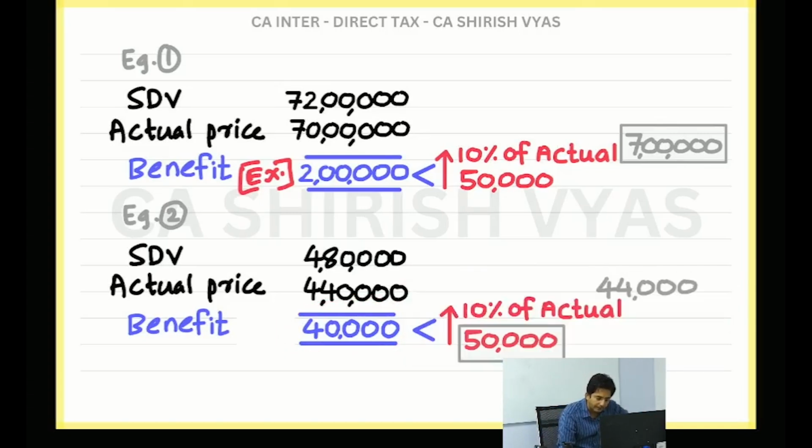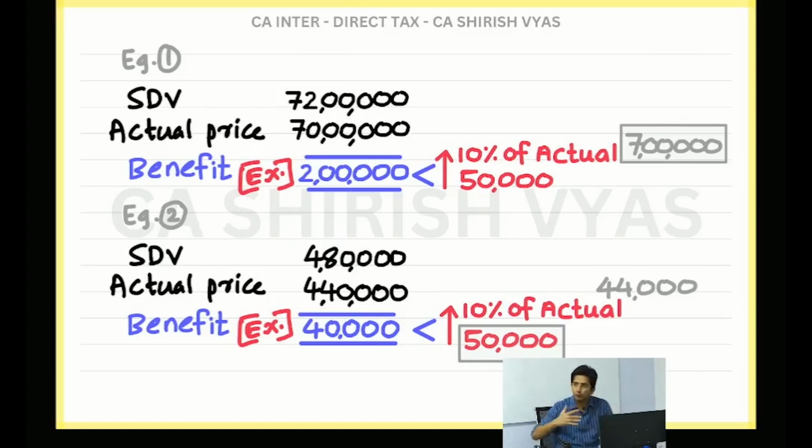So again the benefit is small. Can you see a less than sign? So benefit is small. Small benefit means exempt. Means if your benefit is falling within that formula, then exempt. But after finding the amount from the formula, if your benefit seems to be big, then it will be fully taxable.